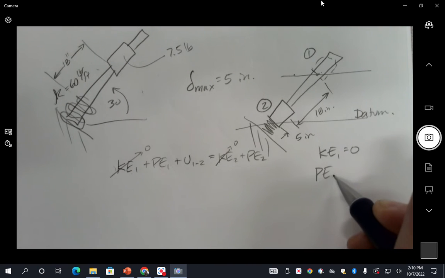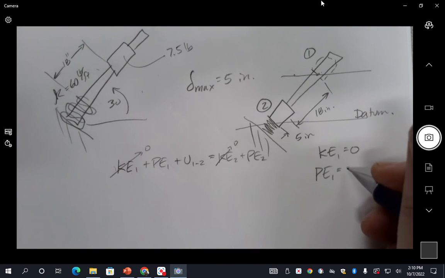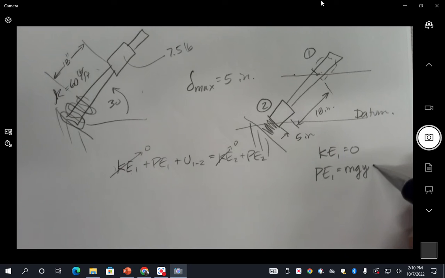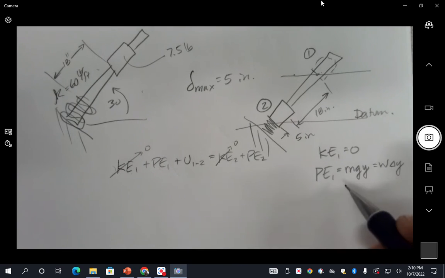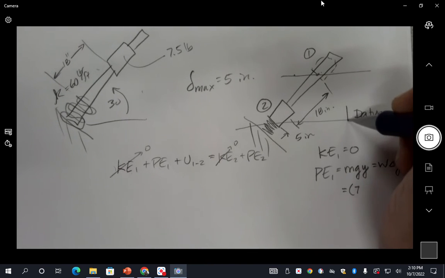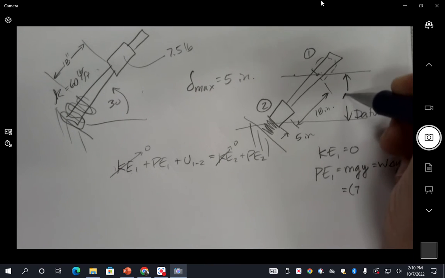So I said the potential energy at 1 is going to be mgy, but this thing is in US units, so it's going to be the weight times its delta y. I could have found out ahead of time what my delta y is going to be, right?